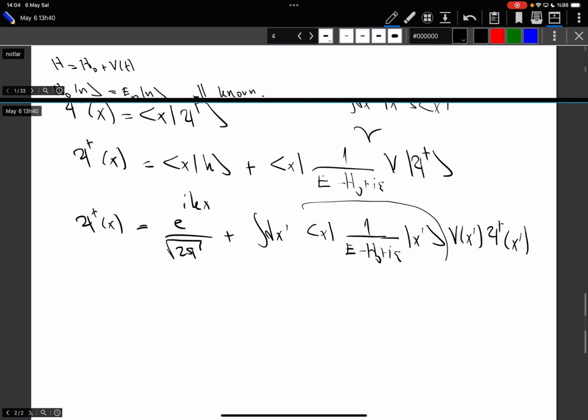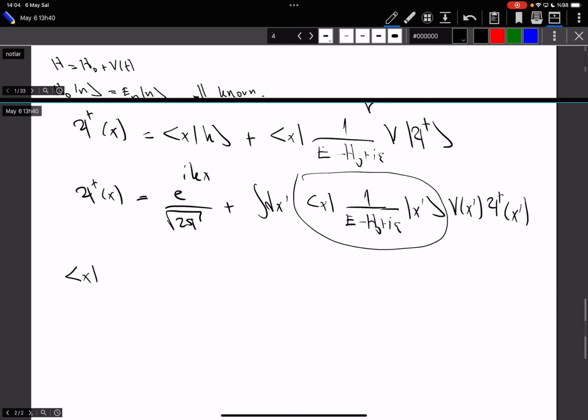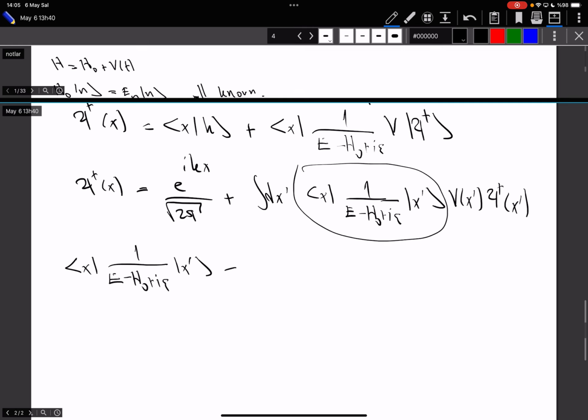Now I need to calculate this one in order to proceed further. This will be equal to the integral dk, I'm just inserting an identity, <x|1/(E - H0 + iε)|k><k|x prime>.